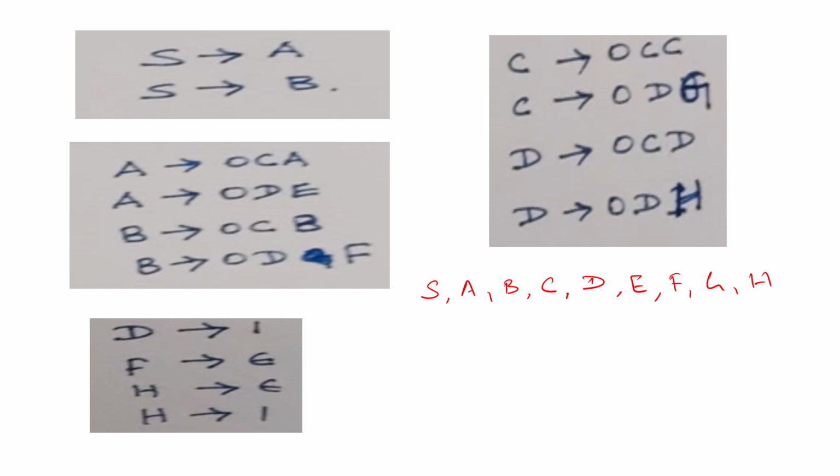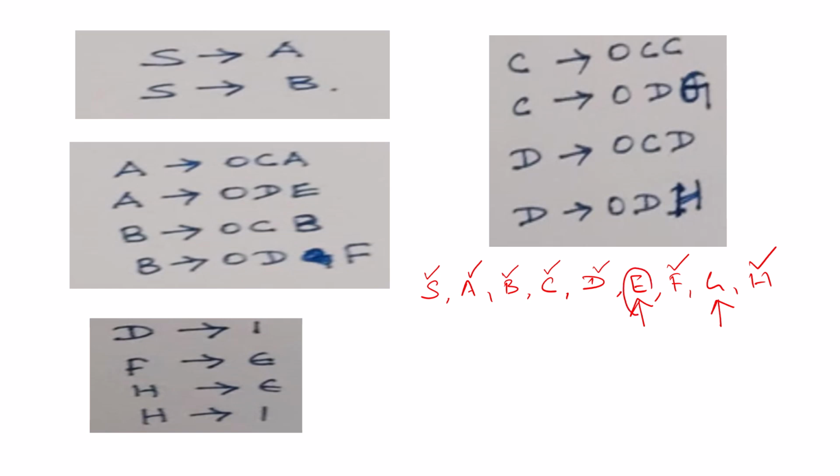So here we are having S on the left hand side and A is also on the left hand side, so it is having production, B is having production, C is also having production, D is having production, and E is not having production, and F is having a production, and G is not having production, and H is having production.